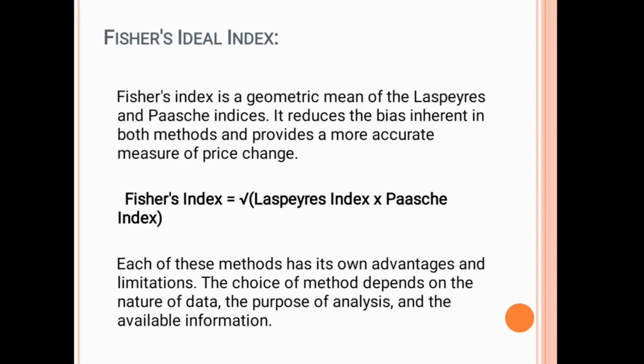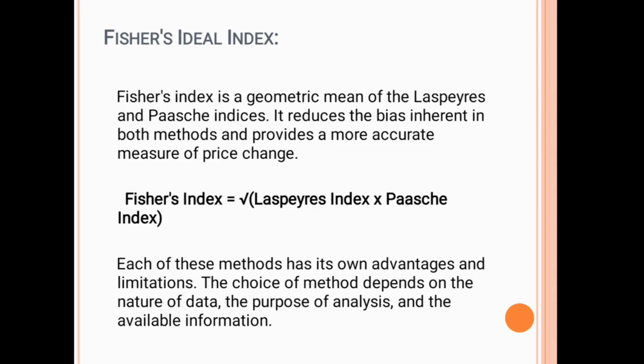Now the Fisher's ideal index. The Fisher's ideal index is the geometric mean of the Laspeyres and Paasche indices. It reduces the bias inherent in both methods and provides a more accurate measure of price change. Fisher's index is equal to the square root of Laspeyres' index into Paasche index.